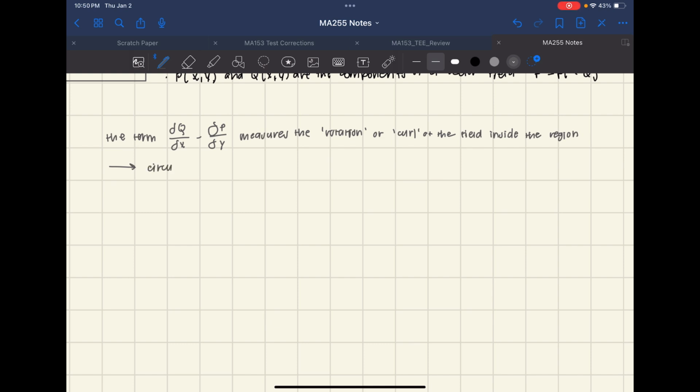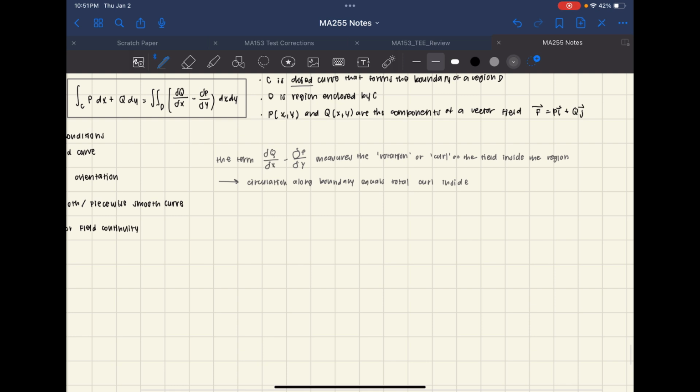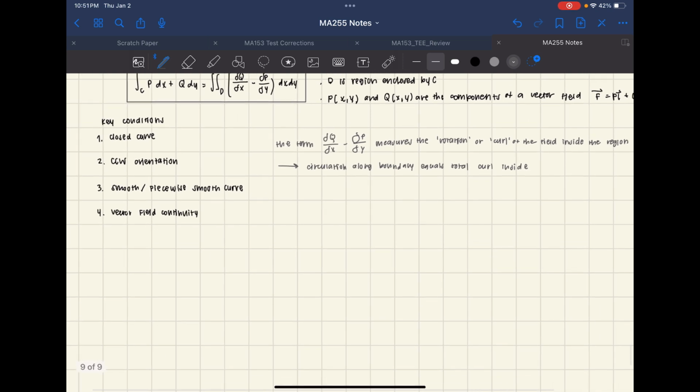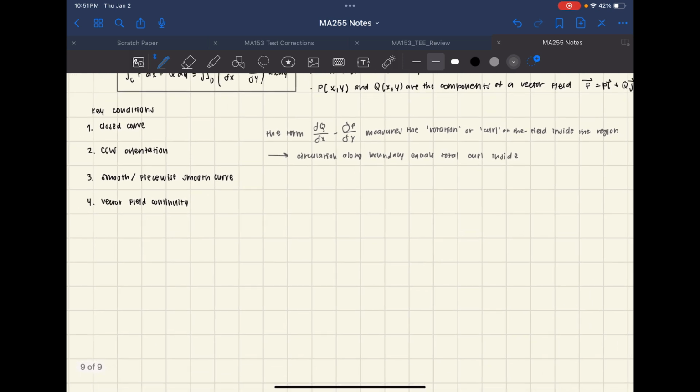Here's how Green's theorem simplifies problems. Instead of computing a potentially complex line integral, we switch to a double integral.